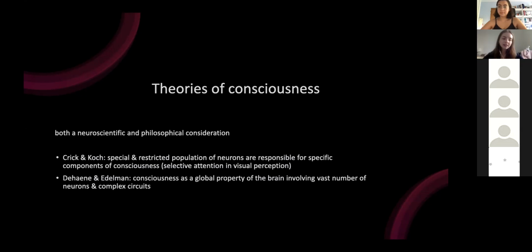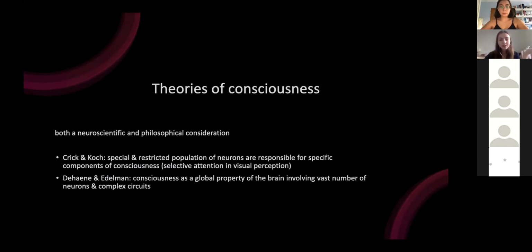So two scientists called Crick and Koch actually proposed that consciousness is brought upon by a very small, specific population of neurons, maybe only like 1,000 or so, that are responsible for consciousness, specifically something like specific attention, or selective attention, or other processes like that.